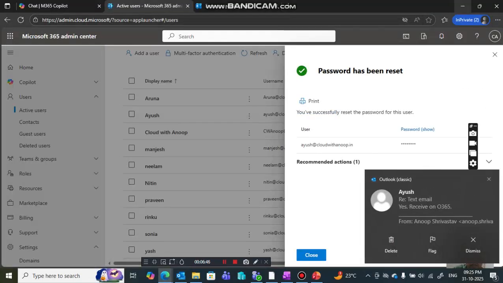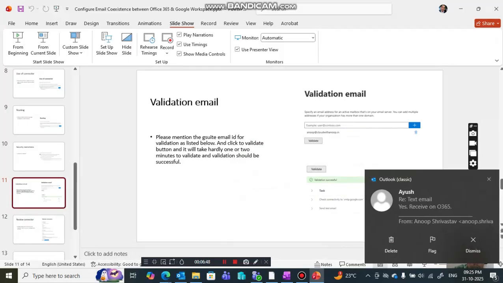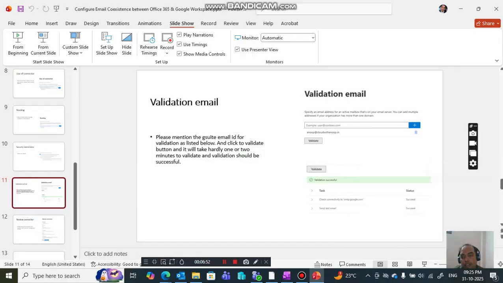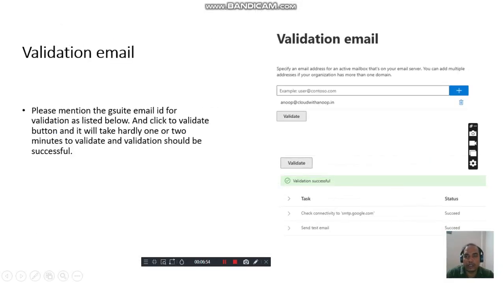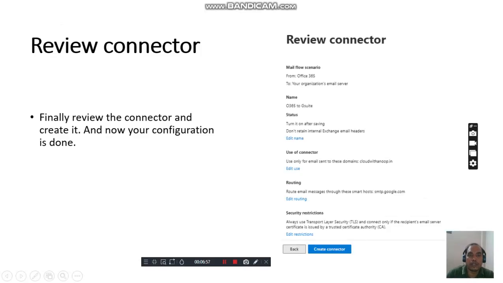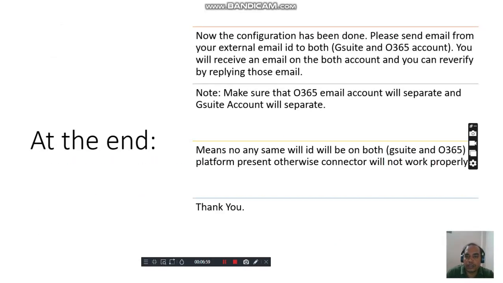So finally we have successfully created coexistence between Gmail and O365. At the end, the configuration has been done.